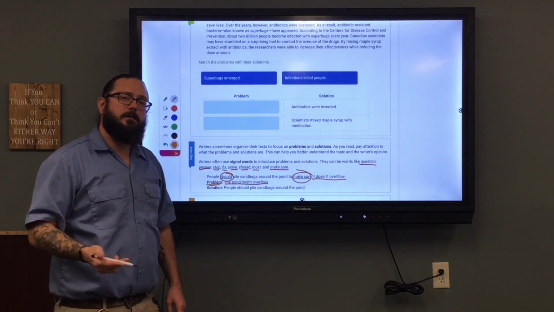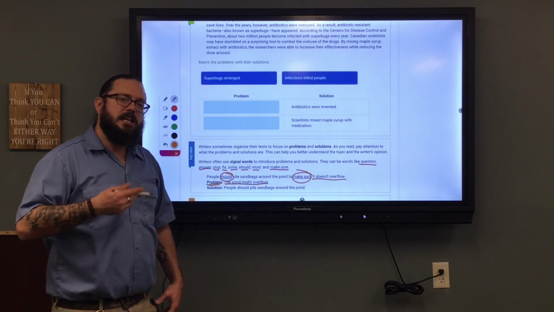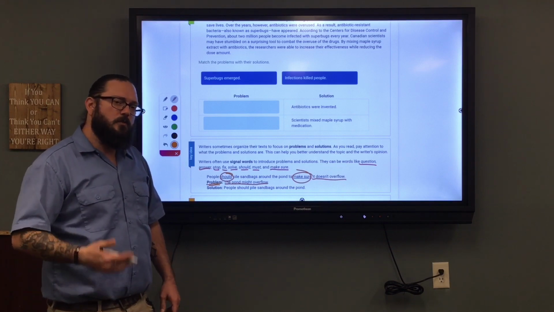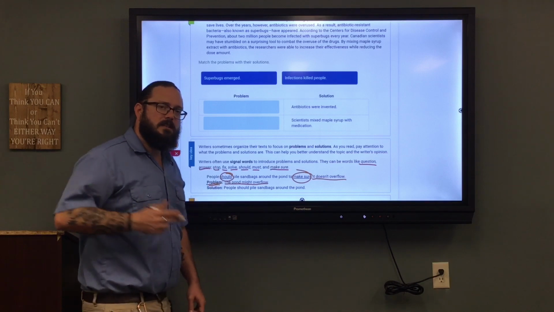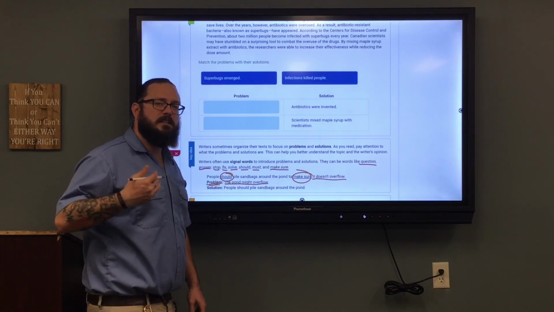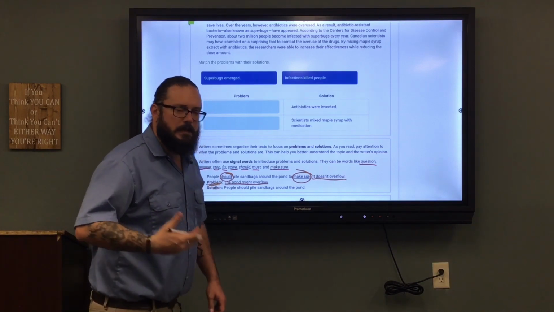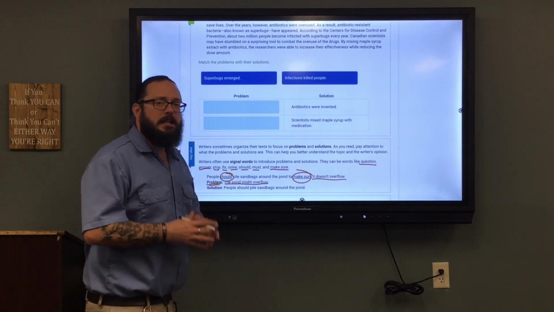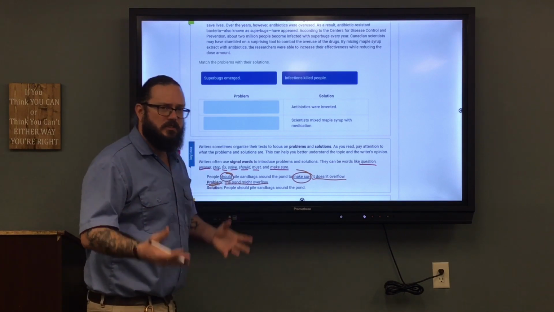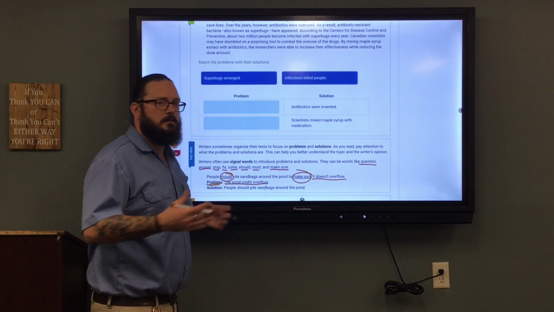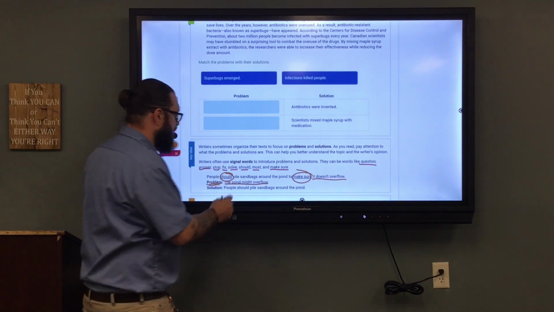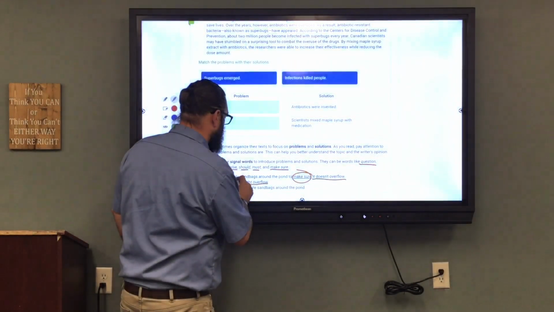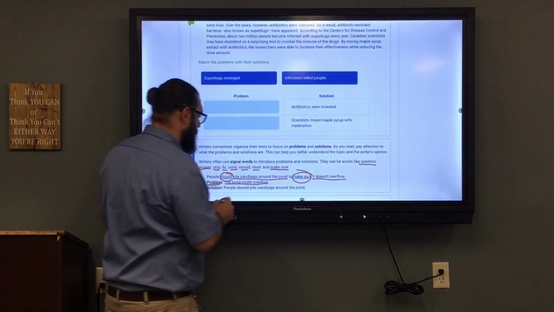Well, what does the author suggest is a potential solution to address this? People should, so that's telling them something that it's in their best interest to do. That's cluing us in that here's the solution to the problem. To prevent the pond from overflowing, we need to do this. In this case, it's pile sandbags around the pond.